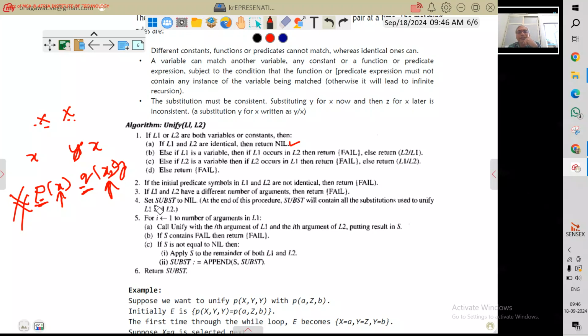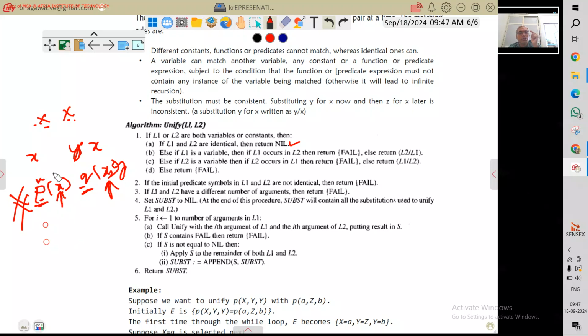Now next is set subset to nil. So now you want to unify, then we take a subset and initially it will be empty. Then what we try to do is for i from 1 to the number of arguments in L1. So how many arguments are there in this? Now we call unify, that is, you call the same algorithm recursively with the ith argument of L1 and the ith argument of L2, putting the result in yes. That means each time you are calling, you check this argument.